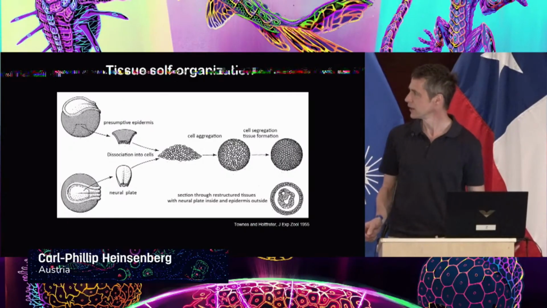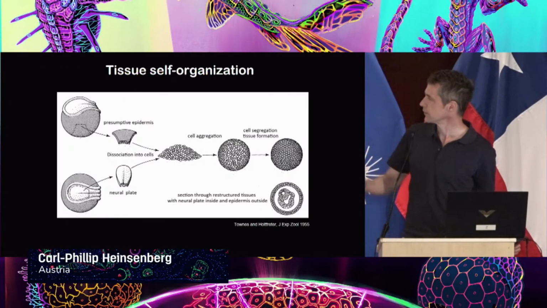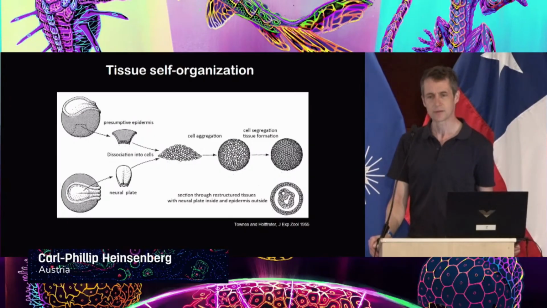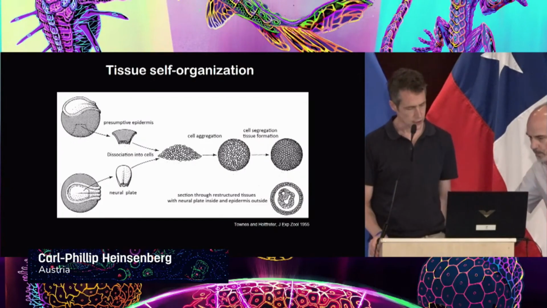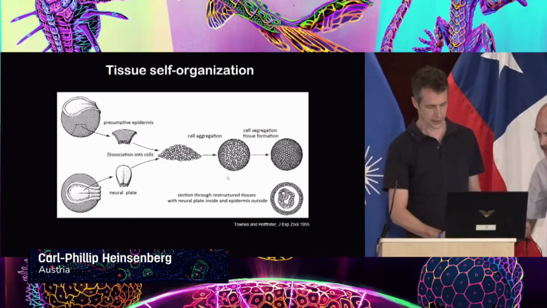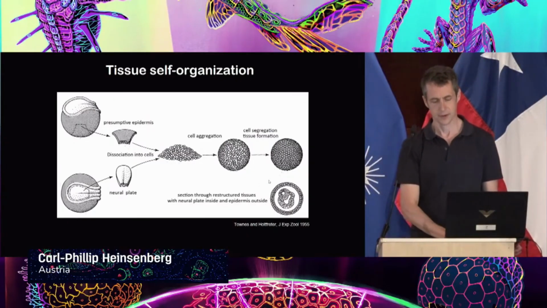You now have an aggregate of randomly intermixed cells, and then they were just waiting and not doing anything. And what happened then is that eventually out of this random aggregate of epidermal and neural plate cells, something developed which looks a bit like an embryo again.